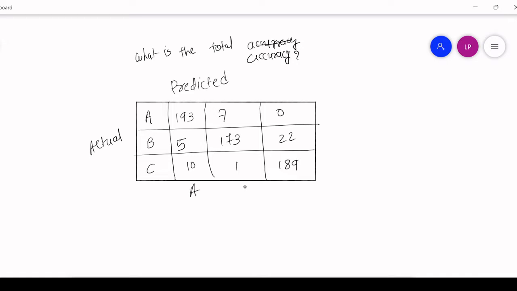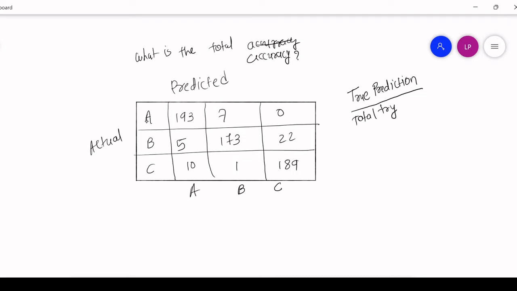So how accurate is it? True predictions upon total tries, we can say it's like that. So what are the true predictions?